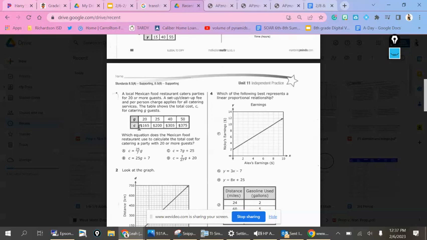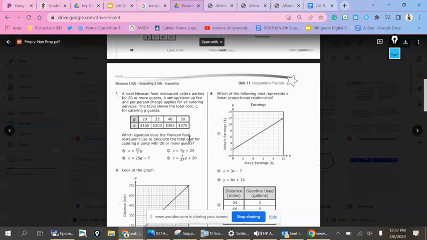The setup and cleanup fee and per person charges apply for all catering services. The table shows the total cost C for catering G guests. Which equation does the Mexican food restaurant use to calculate the total cost for catering a party for 20 or more guests?